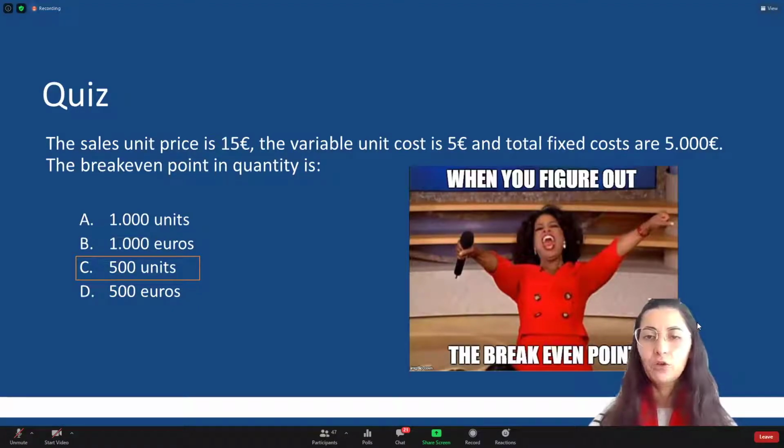And with total fixed cost of 5,000, and the formula for break-even point in units, fixed cost divided by contribution margin per unit, 5,000 divided by 10, we have 500 units. So very good.